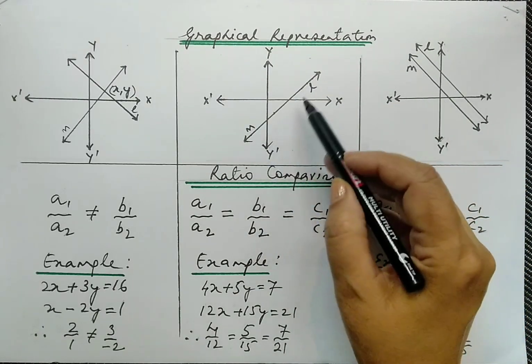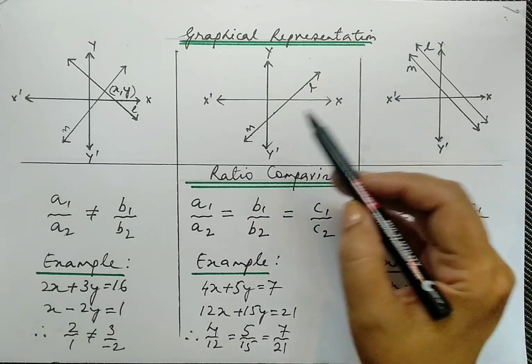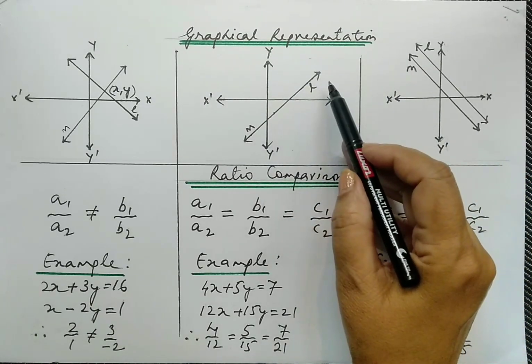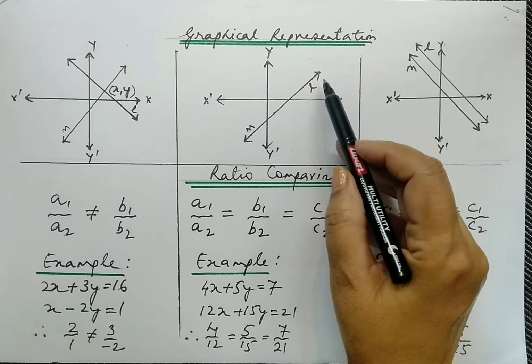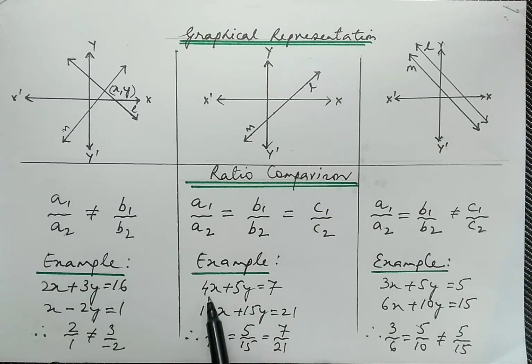So the moment they give you questions to find out whether this is coincident or not, immediately you have to find out whether they are all equal to each other or not. And your answer will be yes for this. And if you get something like this, you would say no.